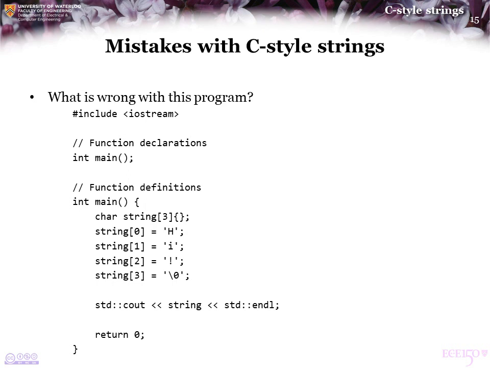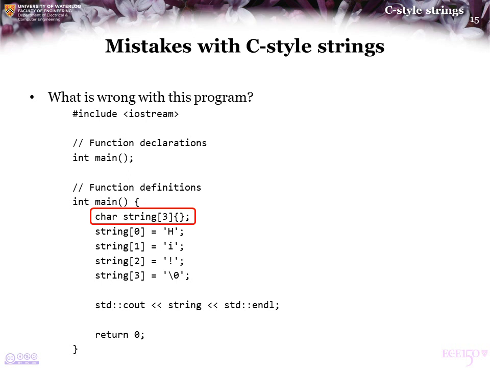All right, welcome back. You probably noticed that the length of the character array is 3, which means that the entries of this array are the entries 0, 1, and 2. However, below I assigned to index 3 the null character.